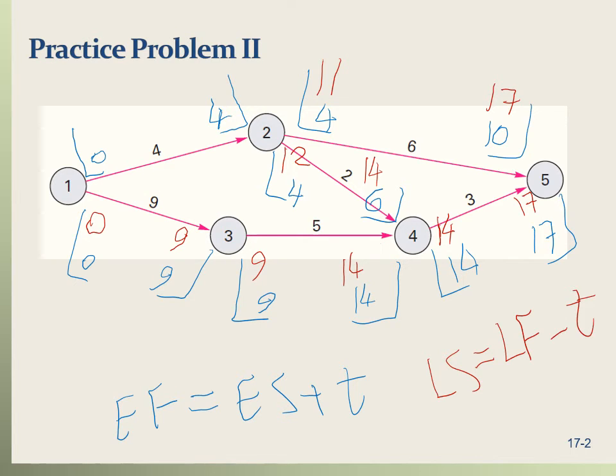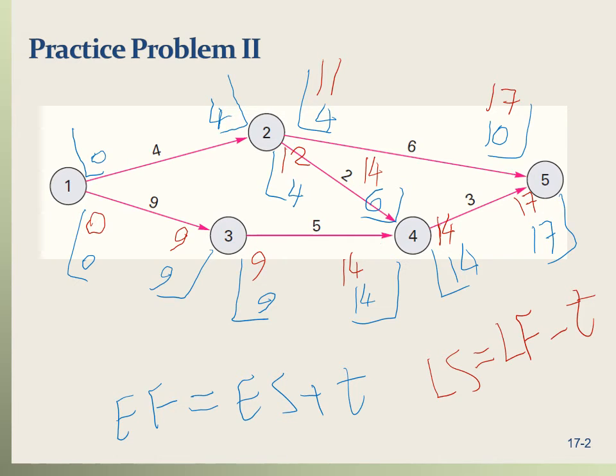The next activity is 1 to 2. The latest finish of activity 1 to 2 depends on the fact that there are two activities after 1 to 2. That means 1 to 2 cannot finish later than the smallest late start of the next activities.